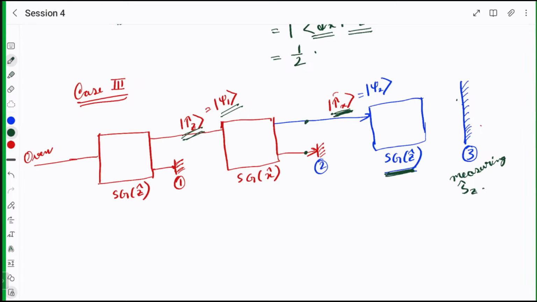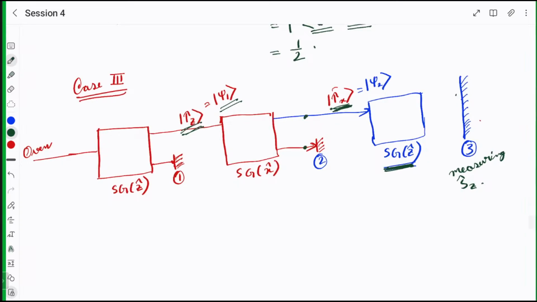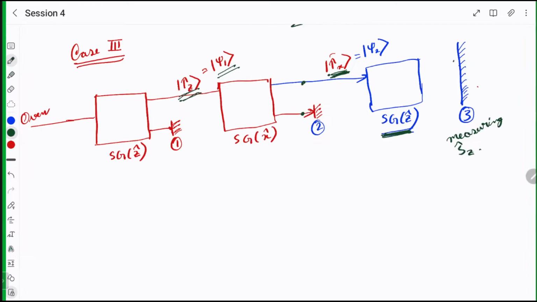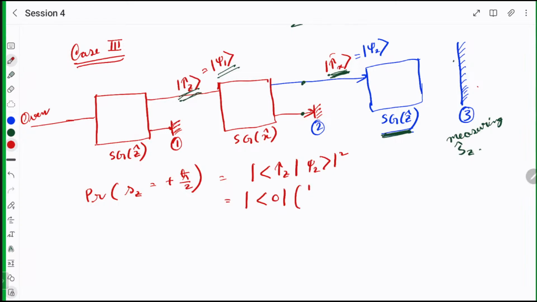And the calculation would be very similar again, but let's still go through that. If I want to find the probability that I get Z plus h cross by 2, what will I do? Just take this component, and up z is just 0, and this would be the mod squared of 0 plus 1 by root 2, and you can find that this is half.